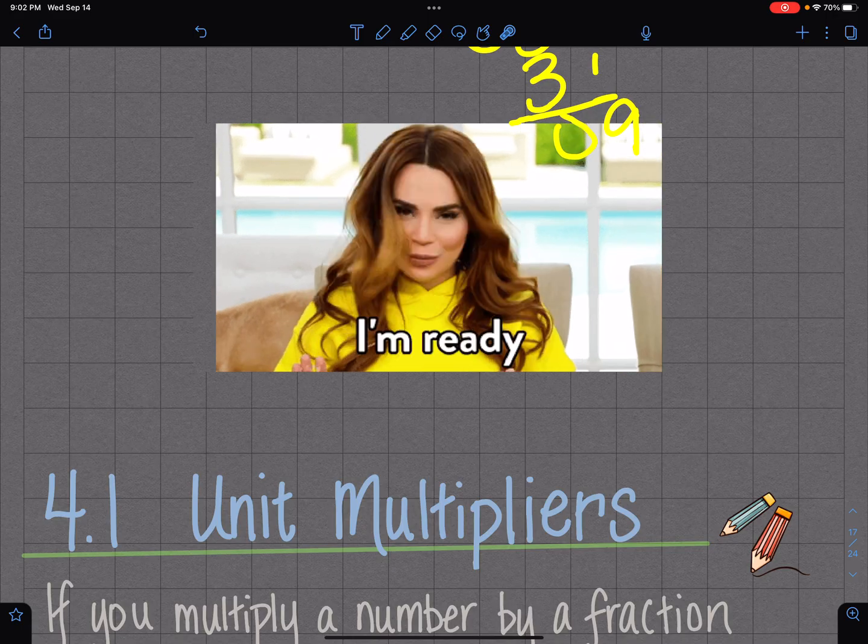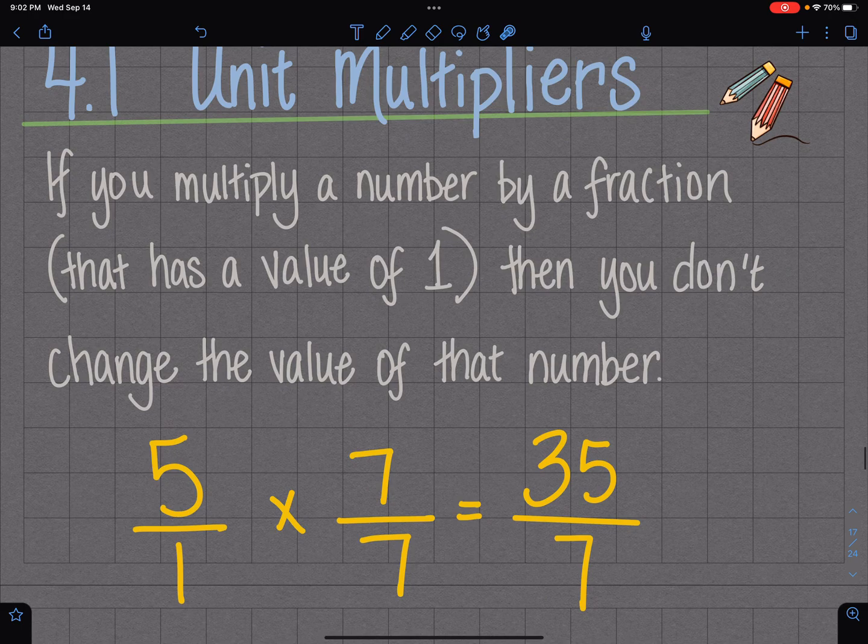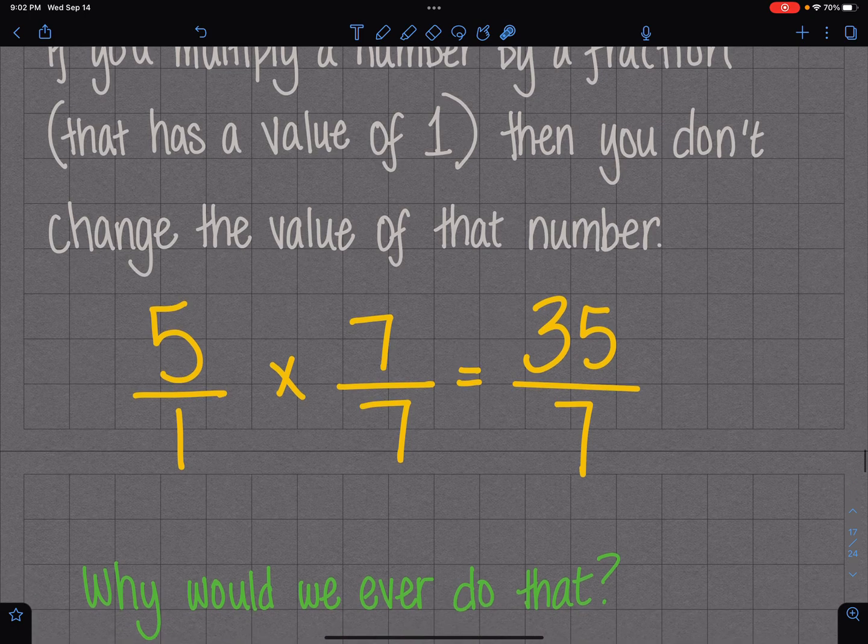Okay, last topic, I promise. Last topic is unit multipliers. This is a great review. Okay, the thing to remember here is this. If you multiply a number by a fraction that has a value of 1, you don't change the value of the original number. For example, let's say you have 5 over 1, and if you multiply 5 over 1 by 7 over 7, that's the same thing as multiplying by 1, like a big fat number 1.